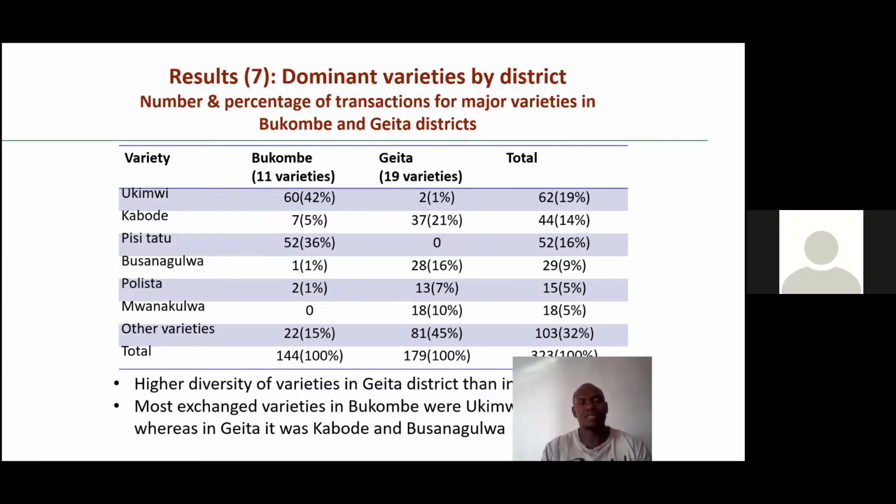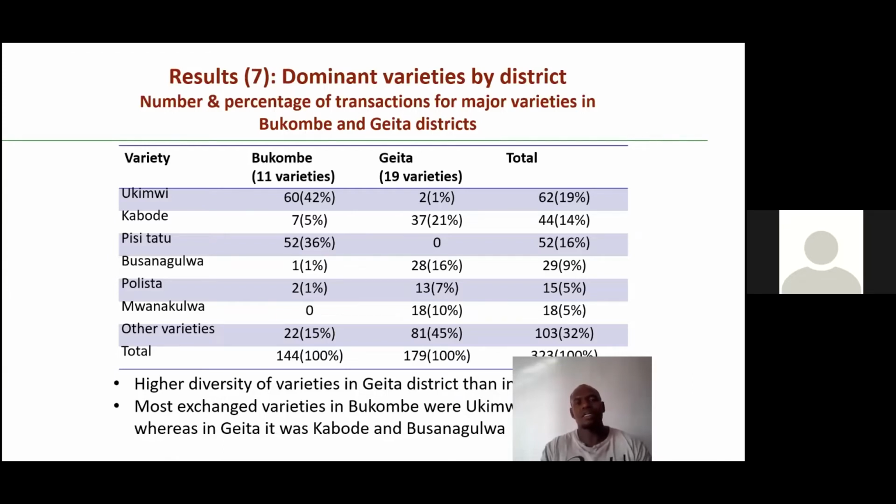They are market preferred, and they are mainly sold to major cities like Dar es Salaam, Tanga, and sometimes even up to Zanzibar. Whereas in Geita, the main variety transacted there was Kabode. This is an orange-fleshed variety, improved, followed by Sanahulwa, which is a local land race.